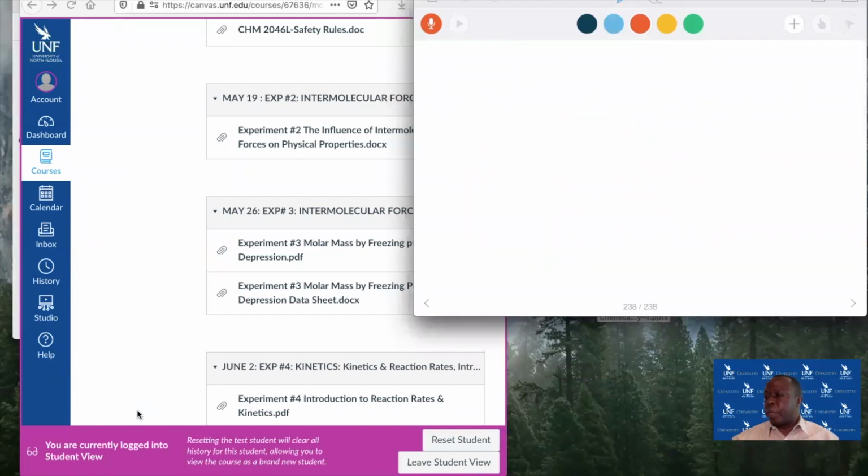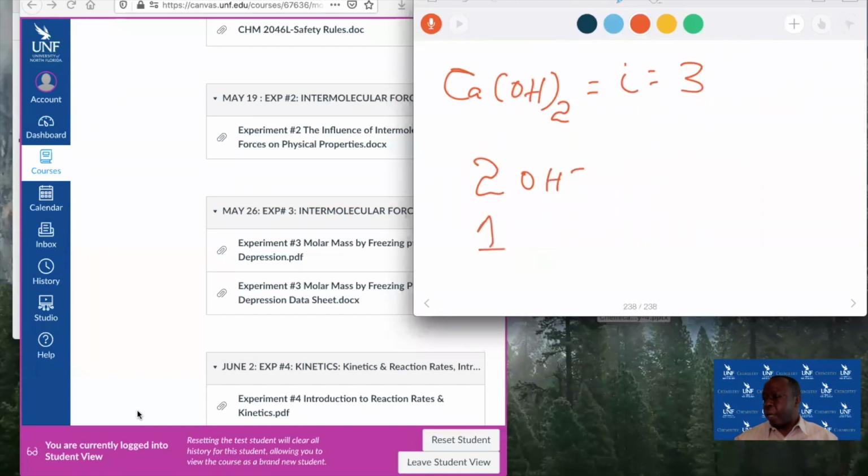If something such as calcium hydroxide, this is the formula for calcium hydroxide, i for this is 3. We have 2 hydroxide ions and 1 calcium ion. So you should be able to see where the compound will break apart, will ionize, will dissociate.